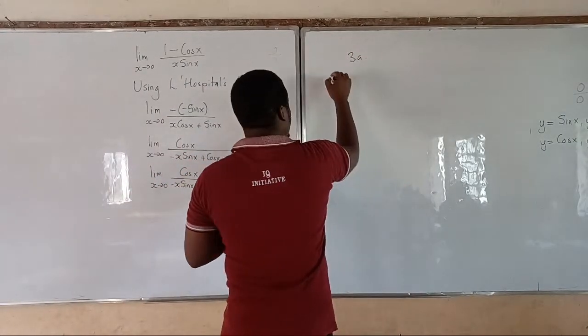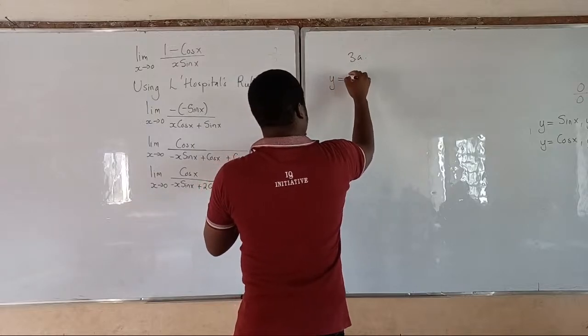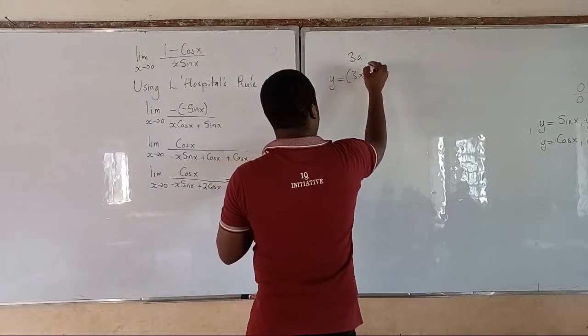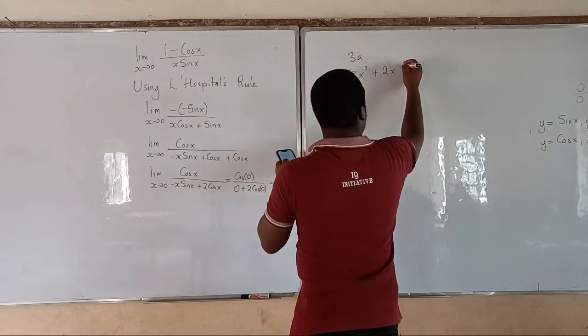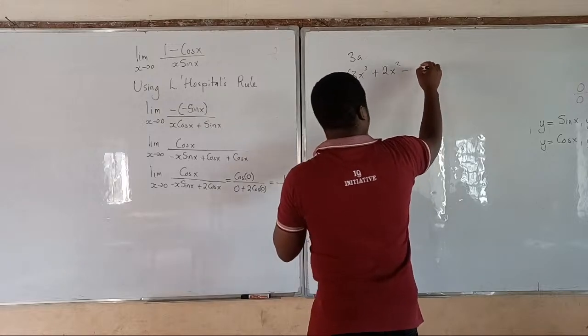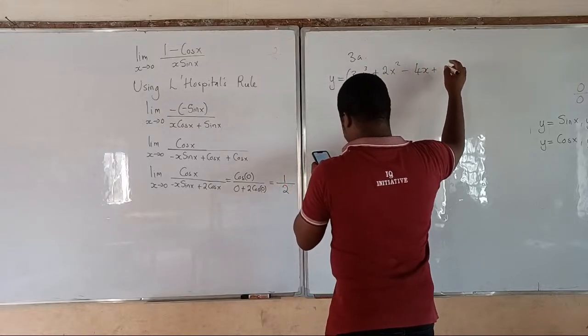The question is y is equal to (3x^3 + 2x^2 - 4x + 7)^6.